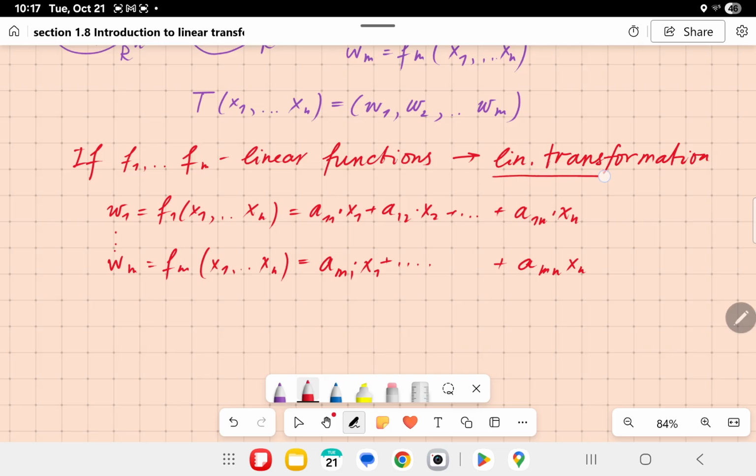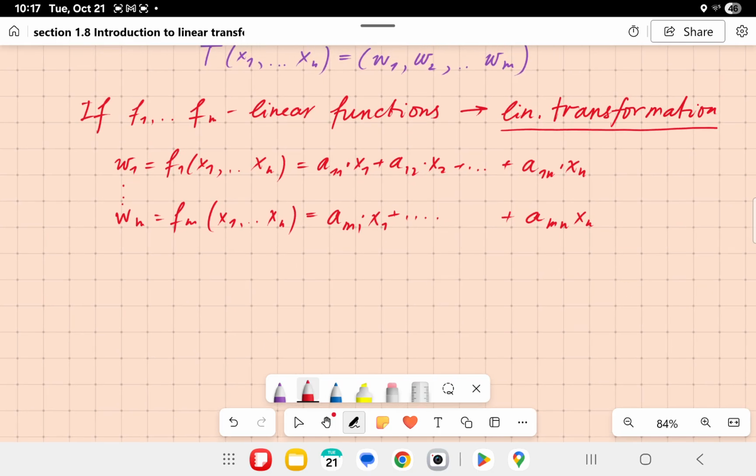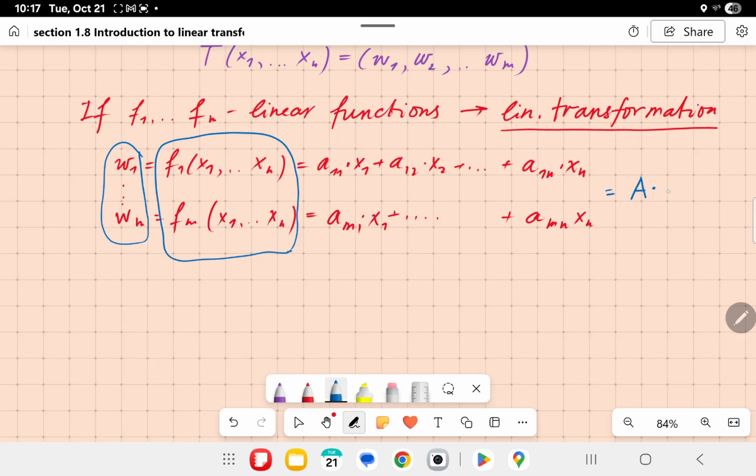I'm going to underline it one more time. So in this section 1.8, we are going to deal specifically with linear transformations, not any other general transformations. Guys, what is nice to see? Well, if you look at this linear transformation and forget for a second this part, you're going to have a column vector here, right? And this looks a lot like a product of matrix A by a vector x1, ..., xn, right?